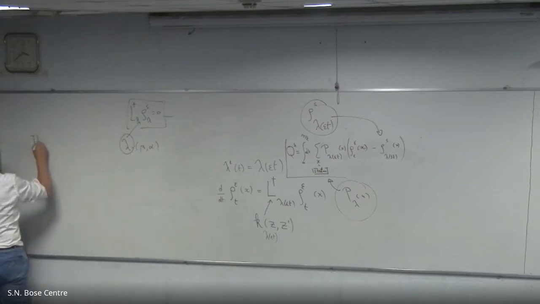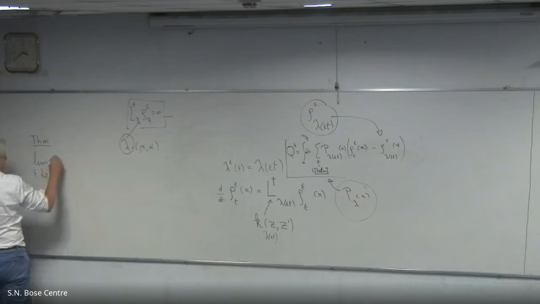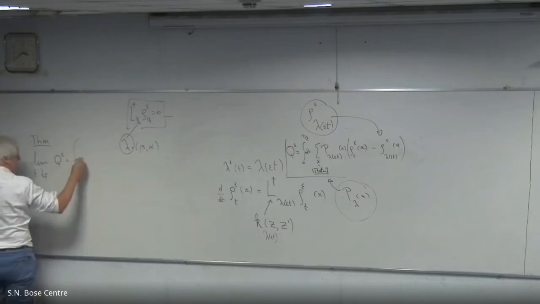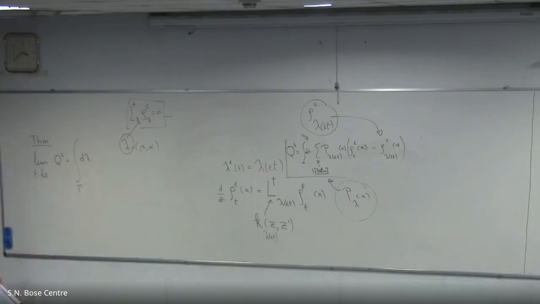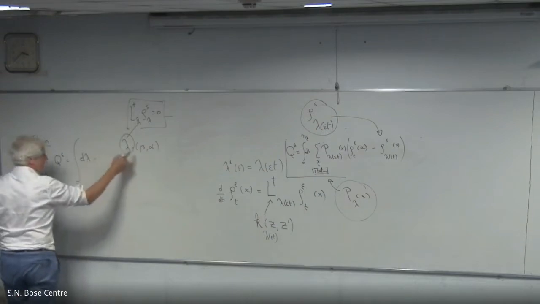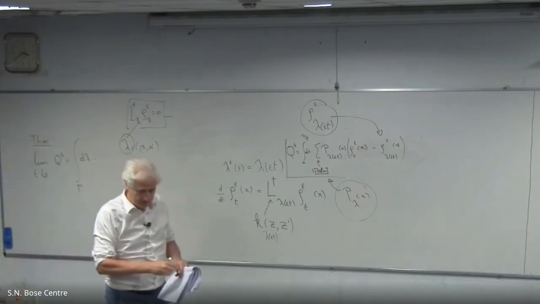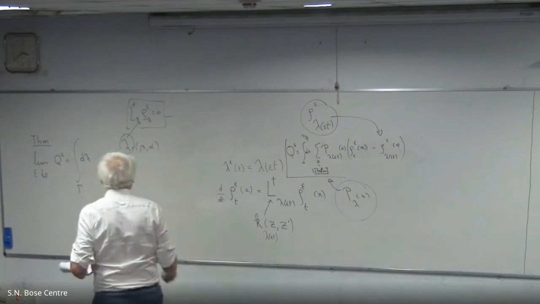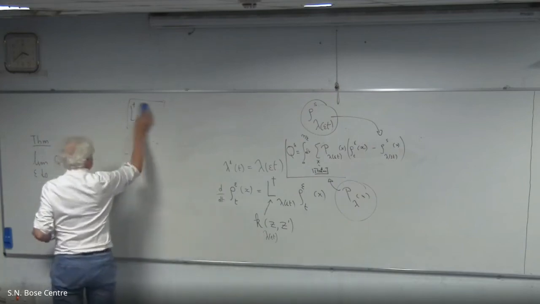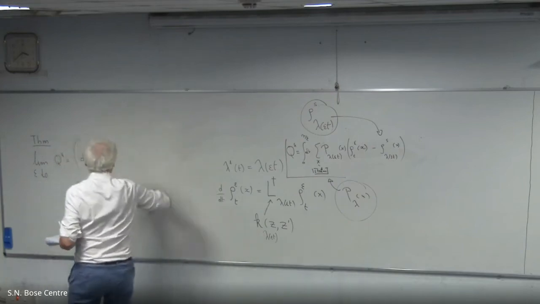So that's a little lemma or theorem that the limit of epsilon going to 0 of this q epsilon is an integral over my curve that I may be calling gamma. It's a curve in parameter space. It's a vector. So this is the vector of all the parameters. There can be a scalar also.